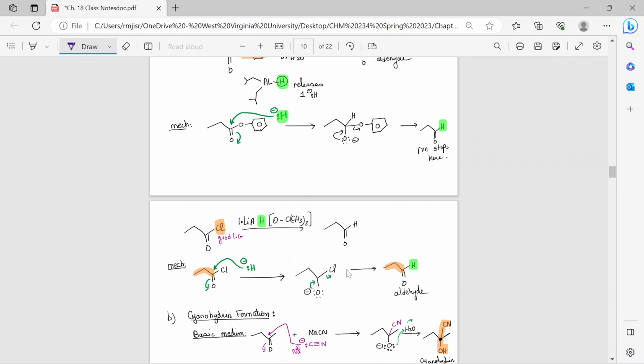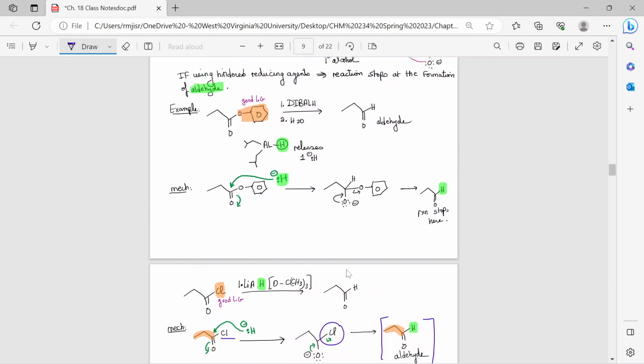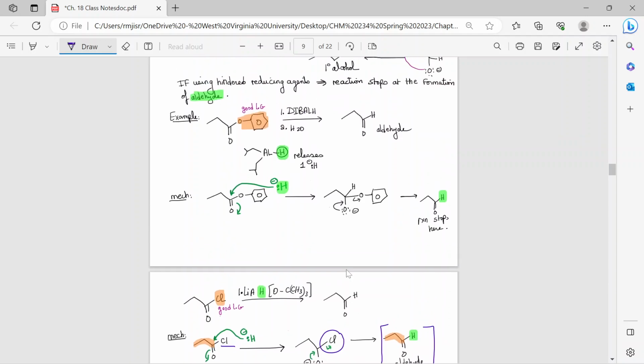So having leaving groups in there is a must for these reactions so that the reaction will stop at the aldehyde and it will not continue further. The Cl is a good leaving group. The OR in these conditions of the reaction is also a good leaving group in there.